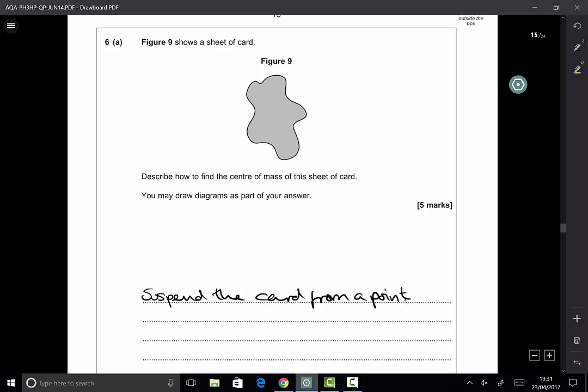A plumb line is just a piece of string with a mass on the end. And we're going to use that plumb line to draw a line vertically downwards.